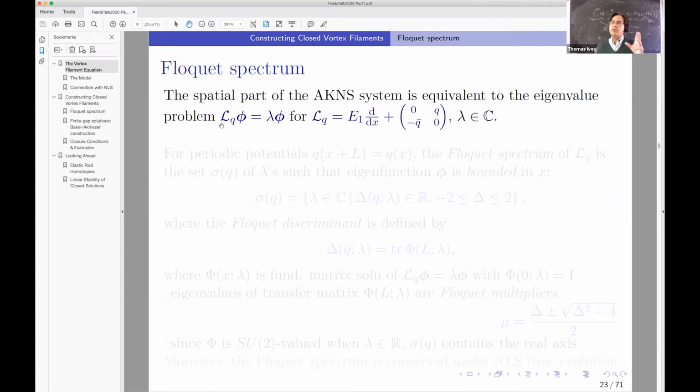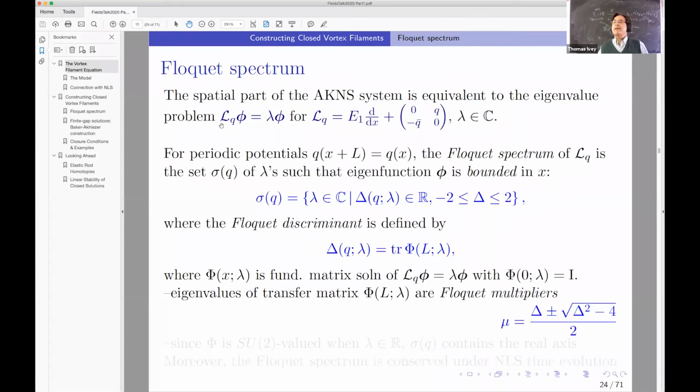And we can ask, if you have an eigenvalue lambda, for a particular lambda value, look at the solution of this system. If Q is periodic, we could potentially have periodic solutions for this system. Now the Floquet spectrum of that operator is a set of lambdas such that this system has a solution which is bounded in x.